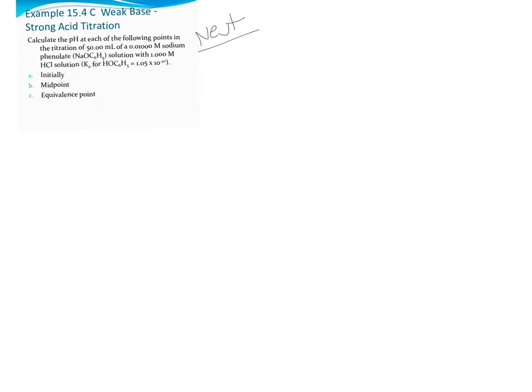We have our phenolate, OC6H5 minus, plus the acid is going to make HOC6H5. And we need everything in moles here to calculate our volume changes.